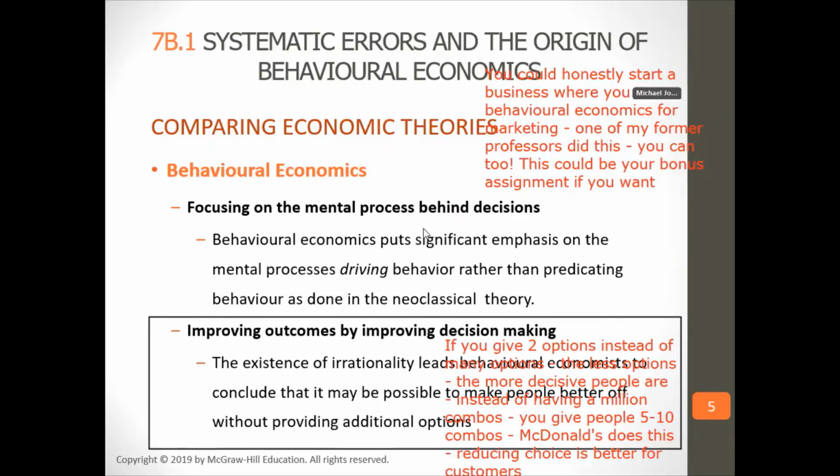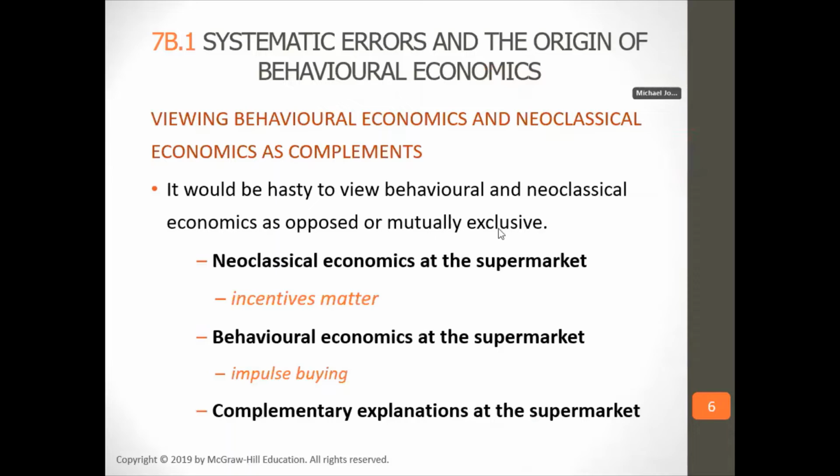It's also good to use behavioral economics and neoclassical economics together. Incentives matter at the supermarket, like coupons with 10%, 20%, 30% off. That's an incentive to purchase a product.